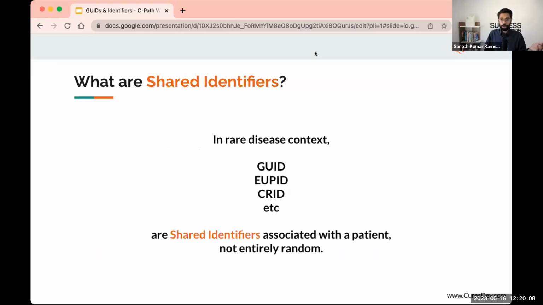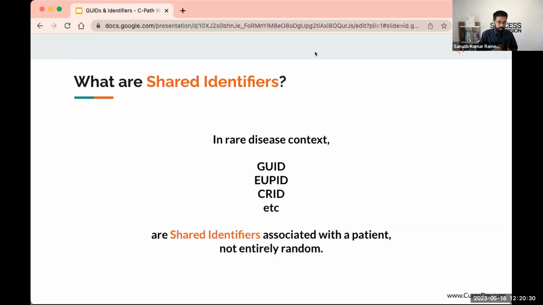To clarify the terminology in the rare disease context, there are many terminologies that we commonly use: GUIDs, EUPID, CRIDs, etc. All of these are shared identifiers that are built based on a rule that these identifiers are associated with a patient and not purely random. And that is all it is.